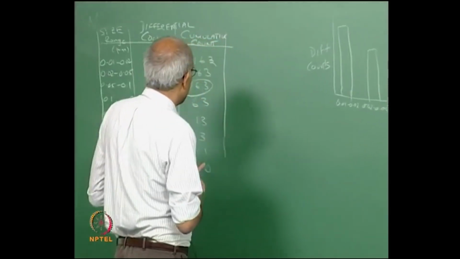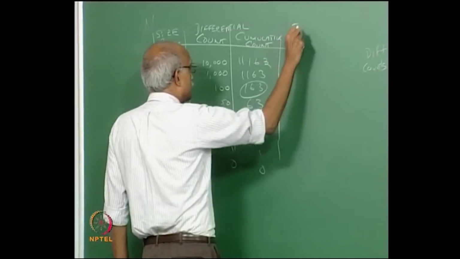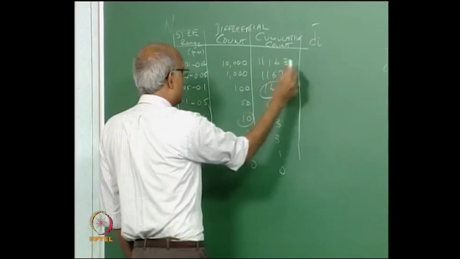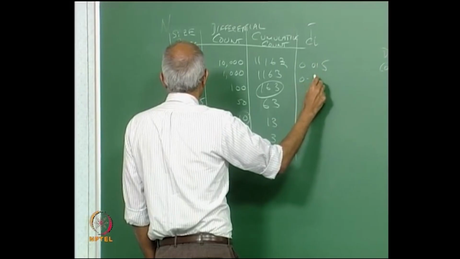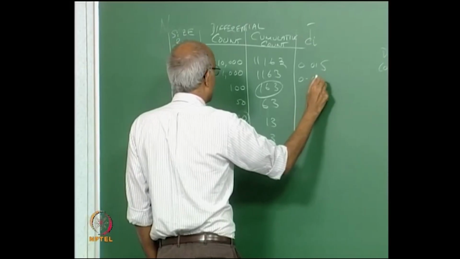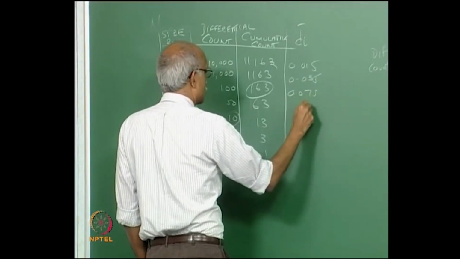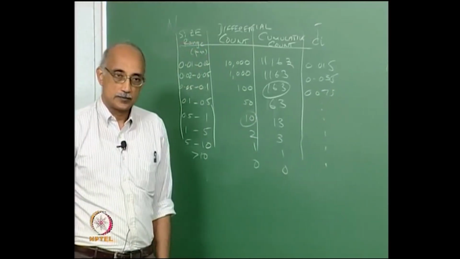But what you would like to do then is you would probably like to define a mean size for each channel. So the mean size here is 0.015, 0.035, 0.075 and so on. For each of these channels you can define a mean size.